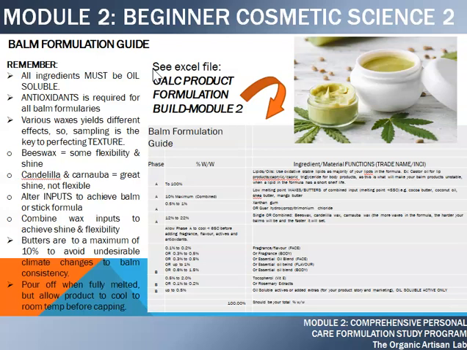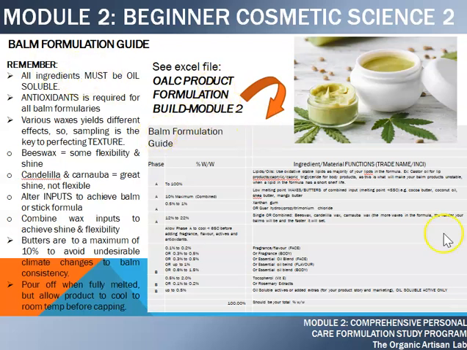One is the foaming wash formula, a formula build or formula guide for a balm, and another one for a conditioning formula. So you will have 3 formula builds or formula guides to follow and to refer to whenever you're writing a formula for your own skincare line.